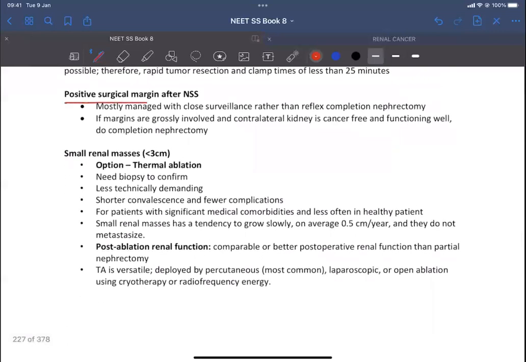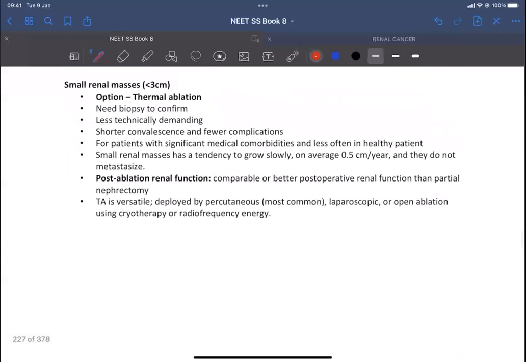We've already discussed this. What do you do for positive surgical margins? They are mostly managed with close surveillance. We've discussed this one.